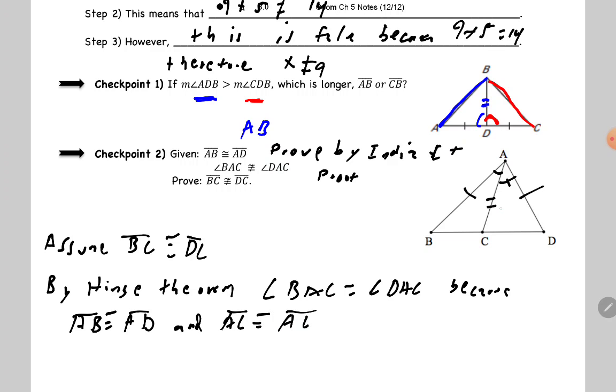Okay, because we have the two sides being congruent. So if BC is congruent to DC, that means these angles must be the same.